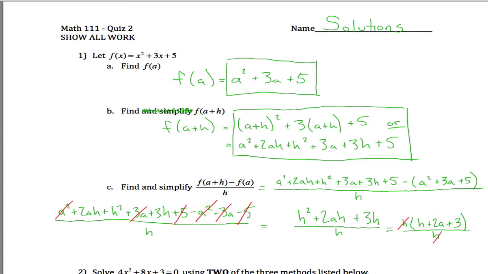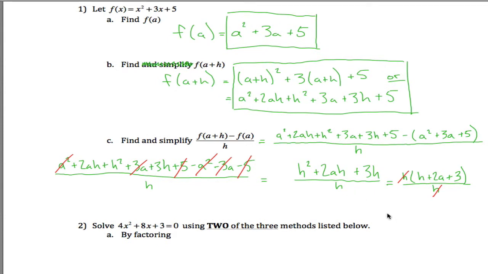So what we get for our final answer is down here, h plus 2a plus 3. That, I understand, has no meaning to you. It's just symbols that we pushed around on a piece of paper. This is very important in calculus. This is a step away from figuring out the derivative of this function. But right now that doesn't make any sense. Right now we're just doing the algebra behind the steps that we'll later do in calculus. But this is the answer.